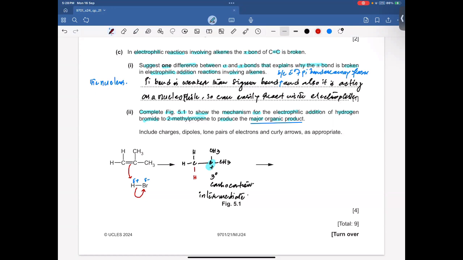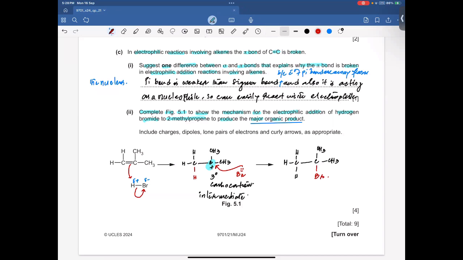So now we have bromide ions. Bromide ions react with this, converting into the major product, which is like this. Okay.